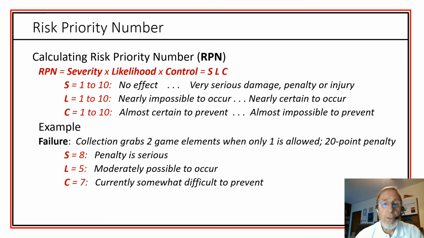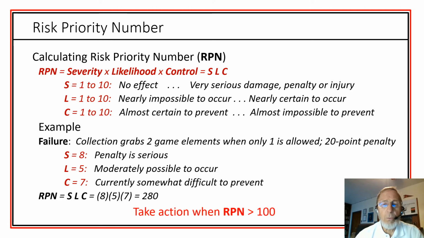Let's say, though, in this case, we assess a score of 7, which means that we currently see it as somewhat difficult to prevent. We can't see it coming, and so therefore we're going to give it a score of 7. We then multiply these 3 scores together and get a score of 280.